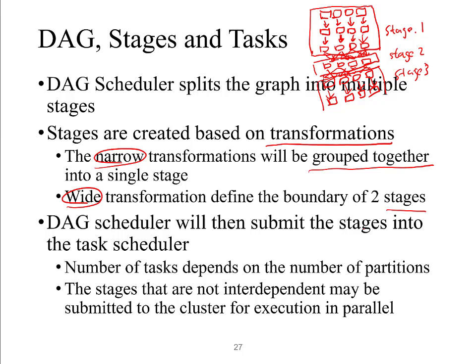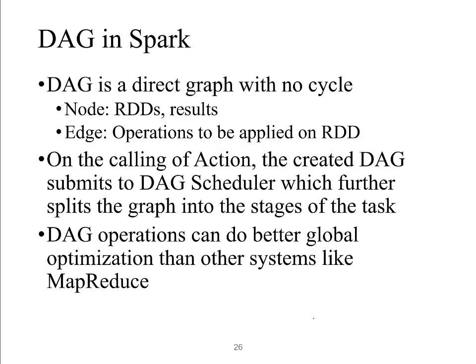Here the DAG brings another advantage: stages that are not interdependent may be submitted to the cluster for execution in parallel. This, together with another thing, makes DAG operations able to do better global optimization than other systems like MapReduce.